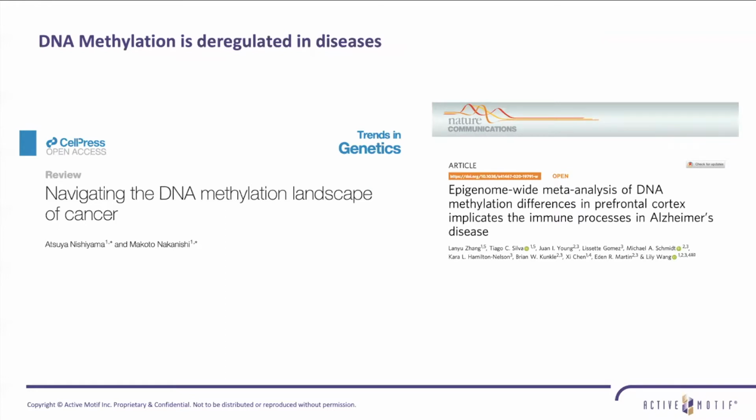A good example is cancer, where we see a global hypomethylation and a focal hypermethylation of tumor suppressor genes. It's also seen in neuronal diseases, such as Alzheimer's disease or Parkinson's disease, where we can find deregulated methylated biomarkers.